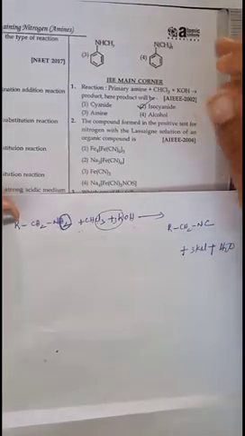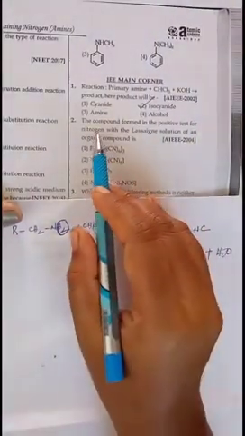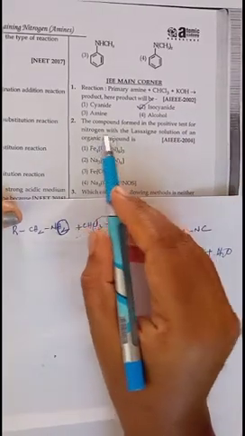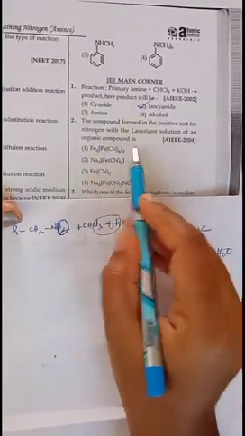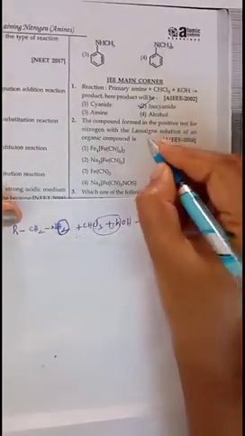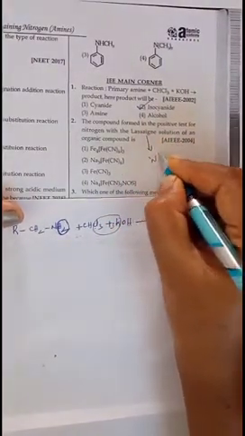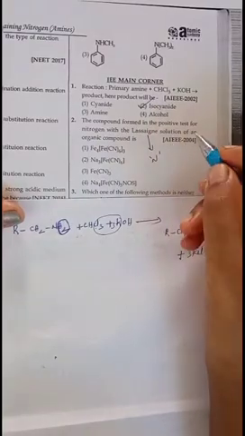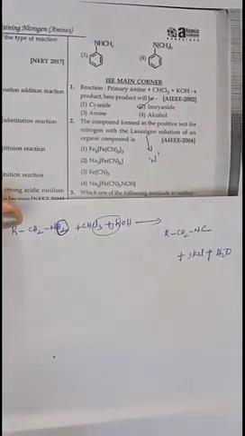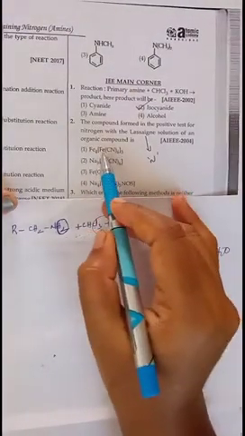Okay, now the next one, the compound formed in the positive test for nitrogen with Lassaigne's solution of an organic compound. Okay, Lassaigne's test is used to detect nitrogen which is present in the organic compound. In that the final product is nothing but ferric ferrocyanide.